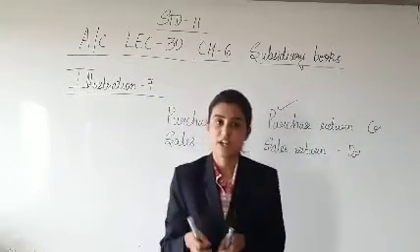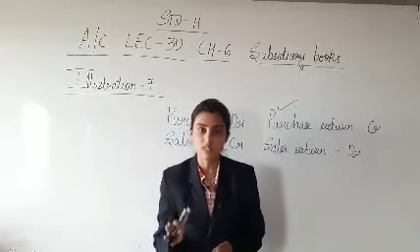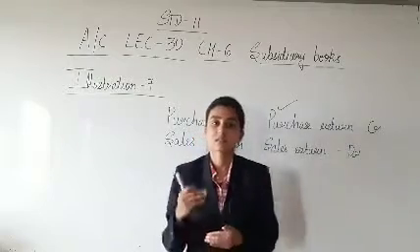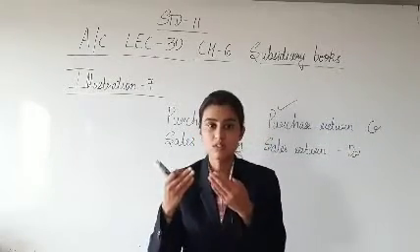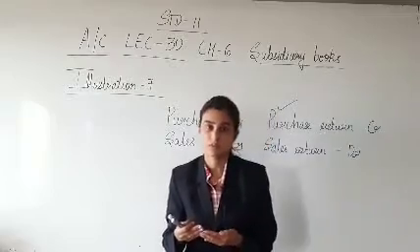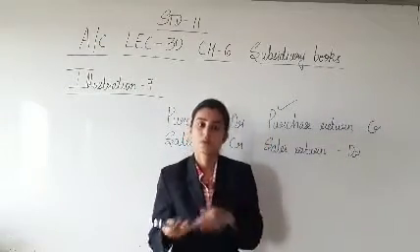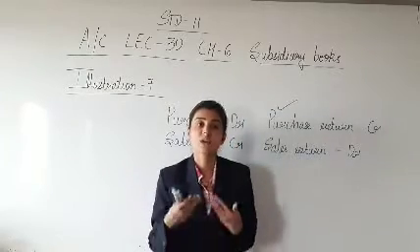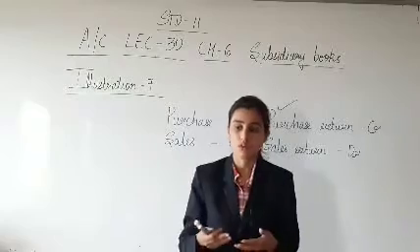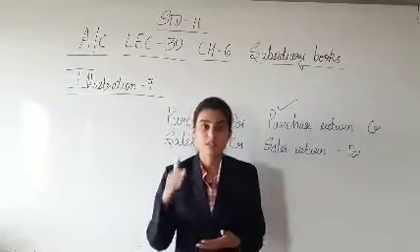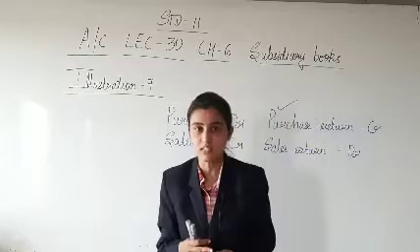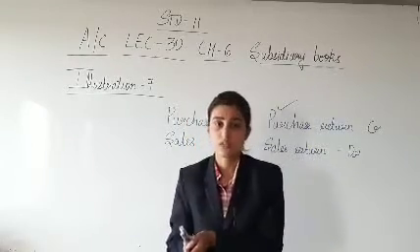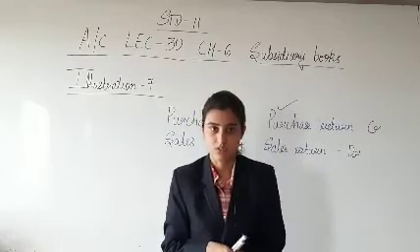So while doing such kind of sum, firstly you should be clear with the concept of what is purchase return and what is sales return. Then the sum is such that all the transactions are given to you together, about purchase, purchase return, sales, sales return. You should have that much common sense or knowledge of the subject that you should be able to recognize at least that this is a transaction of purchase, this is a transaction of sales and that sort of thing.